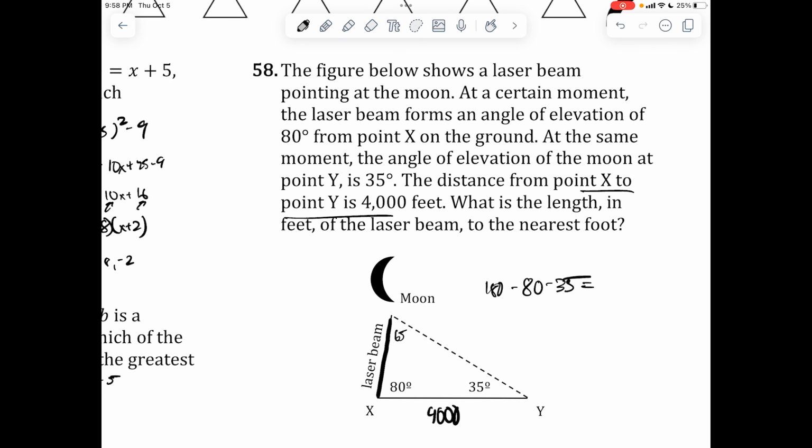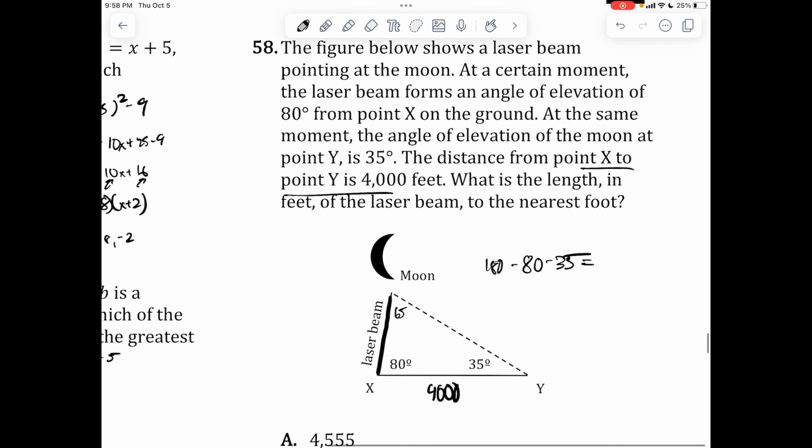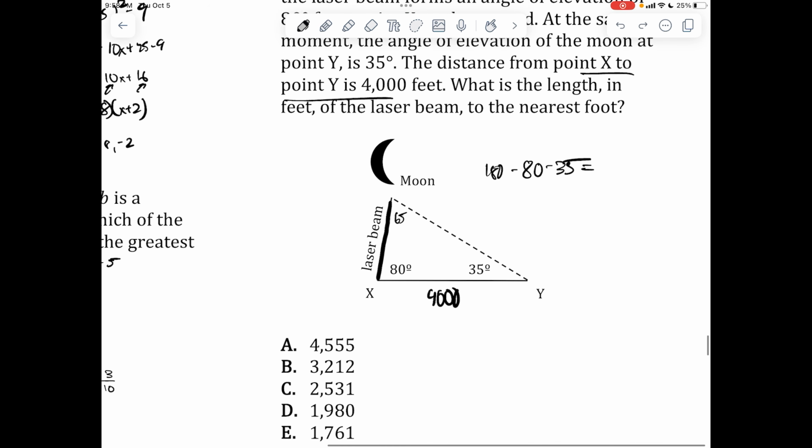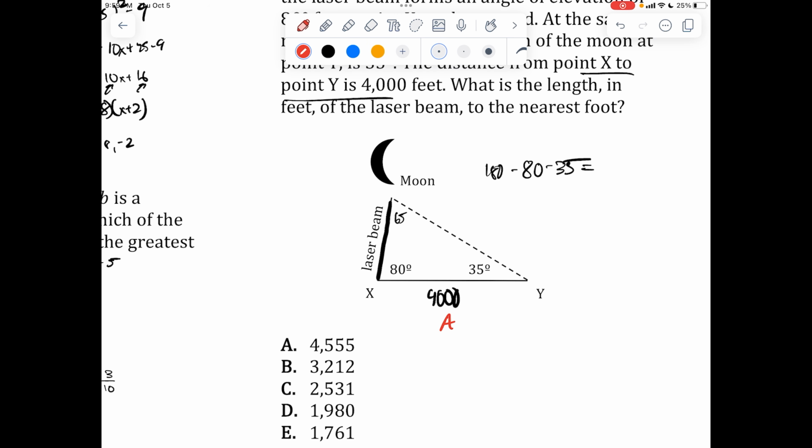Right, 65. So what I can do now is just use law of sines, because I have all 3 angle measures, and I have a side. You can also try using law of cosines. I don't think it's going to be as easy, but law of sines is going to be easier here. So let's just assign side lengths here.